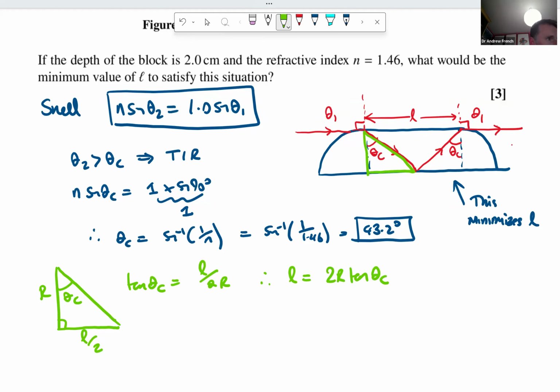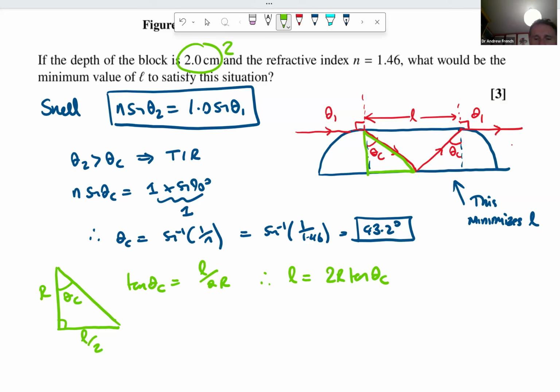Now, what do we want to do? We want to work out what that is in terms of our equations here. We could just literally pop it in like this, because I think we're given R. So what is R? Yes, the depth of the block is 2 centimeters.